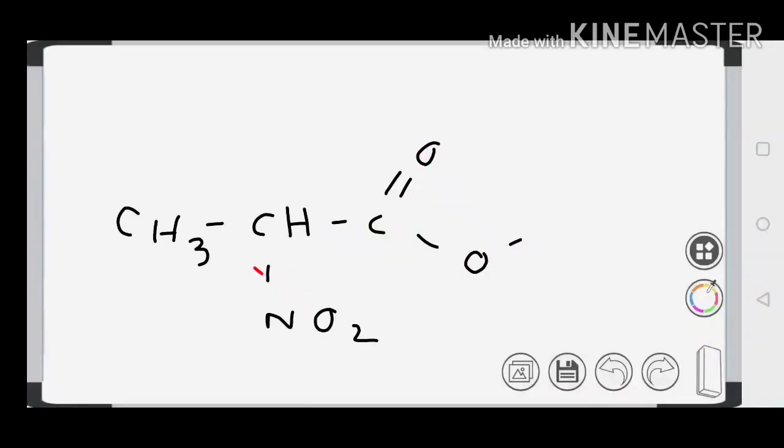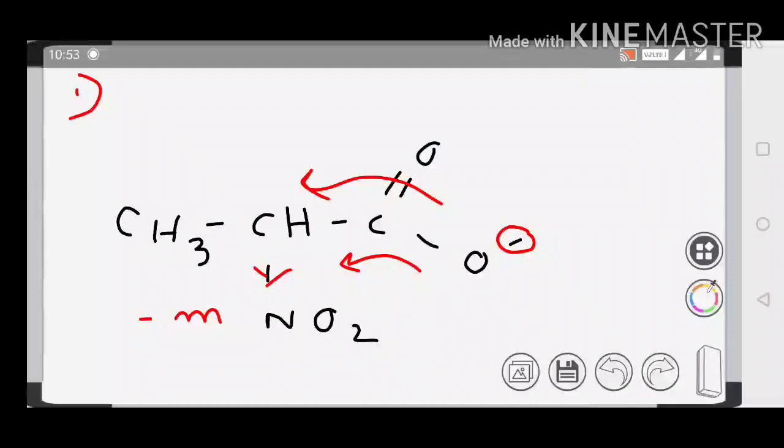Since the NO2 group is having the capability of withdrawing the electron, that is minus R effect, there is a general tendency of drifting of electrons away from this oxygen, and it gives the conjugate base kind of stabilization. This is option 1.